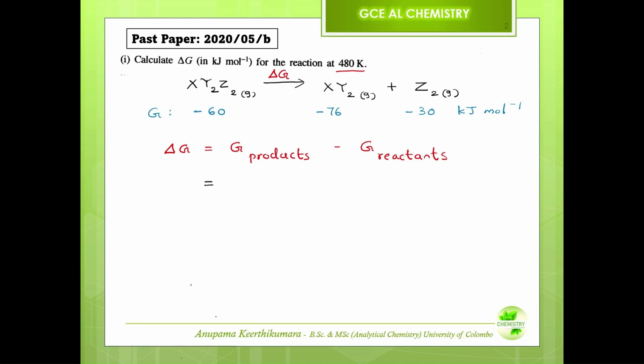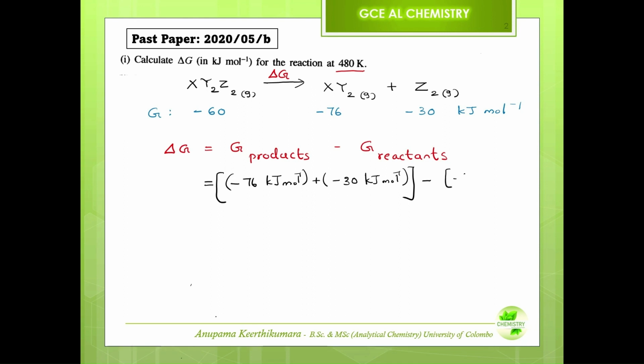There are two products. Gibbs free energy of XY2 minus 76 kilojoules per mole. Gibbs free energy of Z2 minus 30 kilojoules per mole. Then we need to subtract the Gibbs free energy of the reactant.